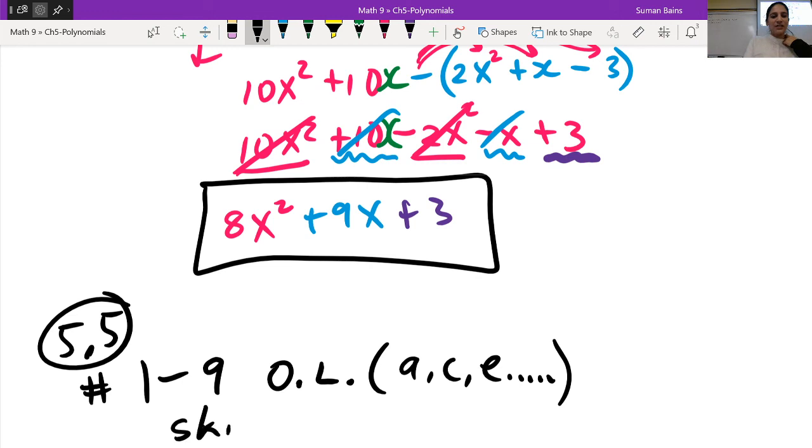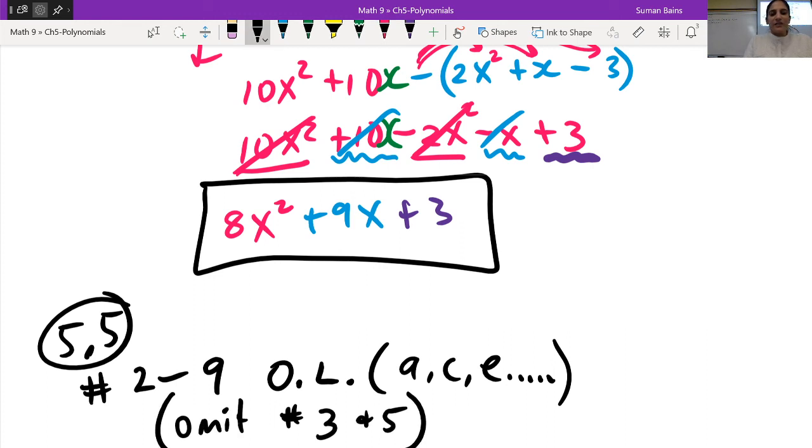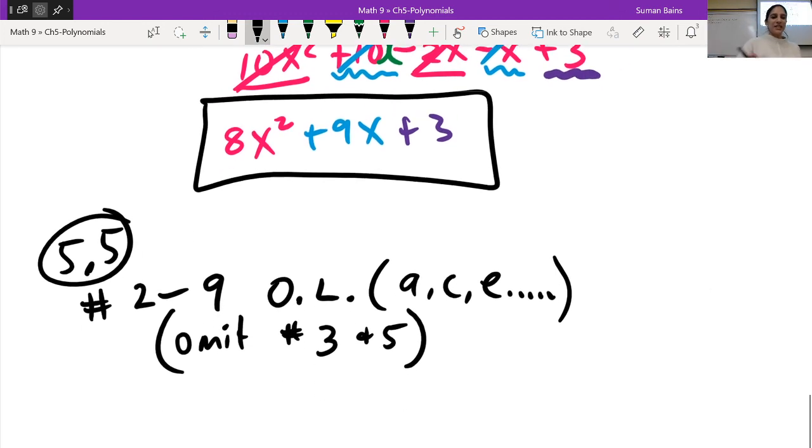But I want you to skip number 2. Skip numbers 3 and 5. Or another way we could say that is omit numbers 3 and 5. You know what that means? Omit means don't do it. Good?